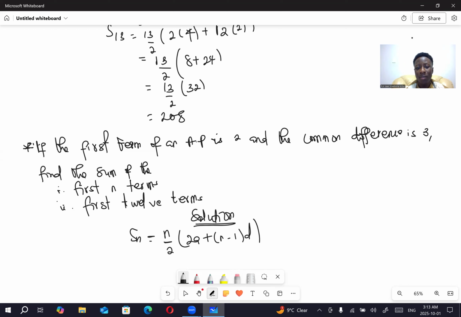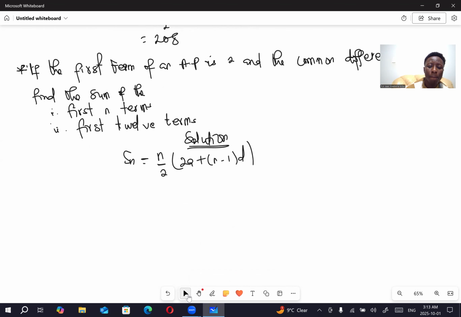And they said if the first term of a certain AP is 2 and its common difference is 3, find the sum of the first n terms. It has not given you the number of terms, right? But it says find its sum. First n terms could mean first 310, first 1010, first 210.